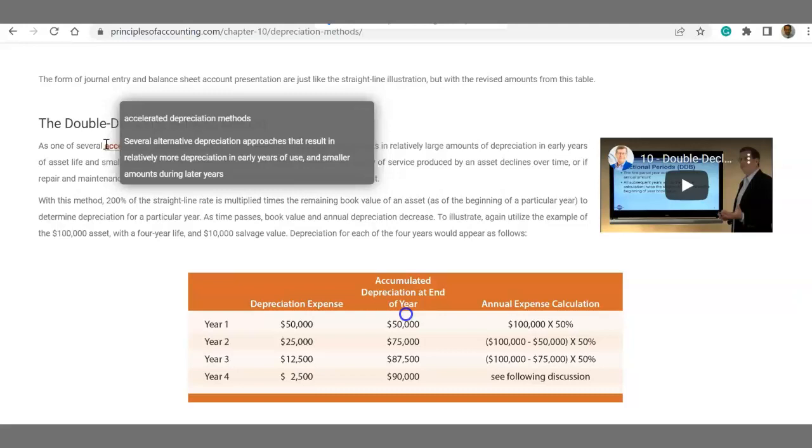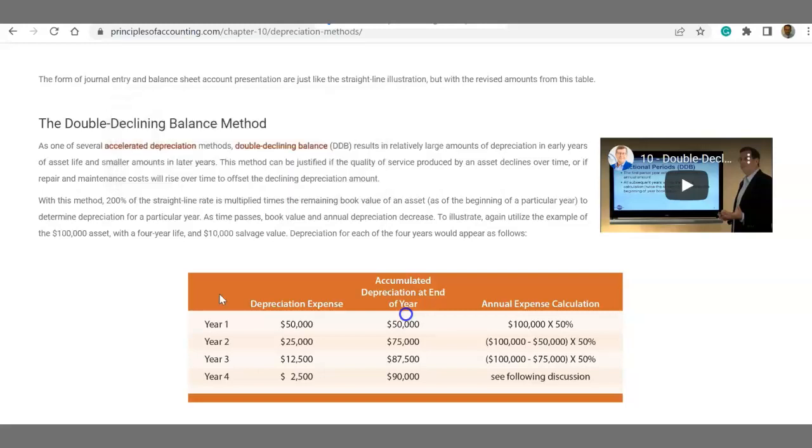At that point, you need to remember, never depreciate your asset below estimated salvage value. So that's the only moment you need it, close to the end of the useful life. You need to remember, never depreciate below salvage value.